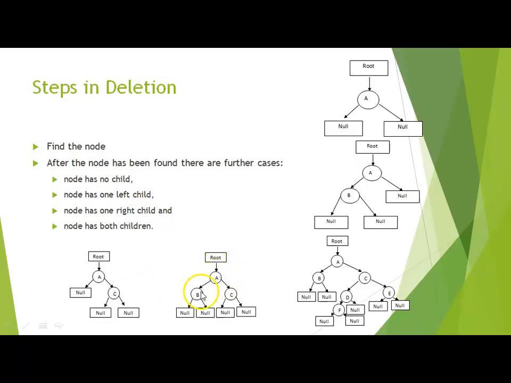Then if it has both children, B and C, you have to fix this logic in your code. Either the right or the left child will always replace A. So if I fix the code so that the smallest value in my right subtree is going to replace A, then C will replace A in this case.